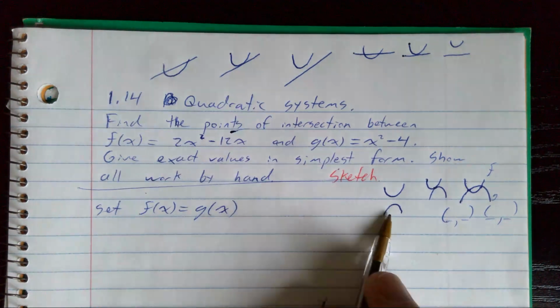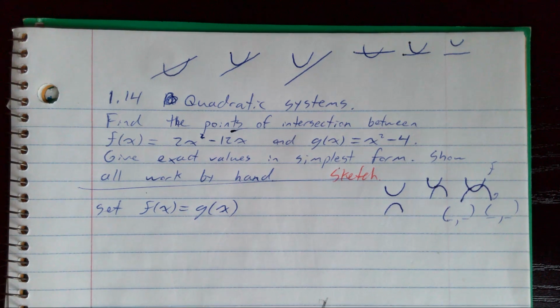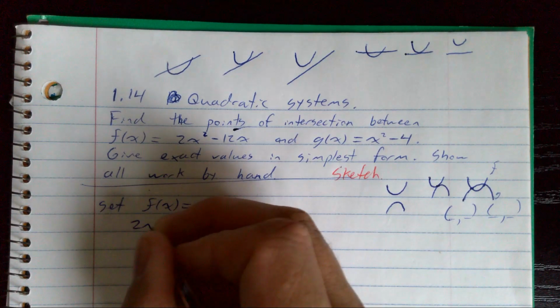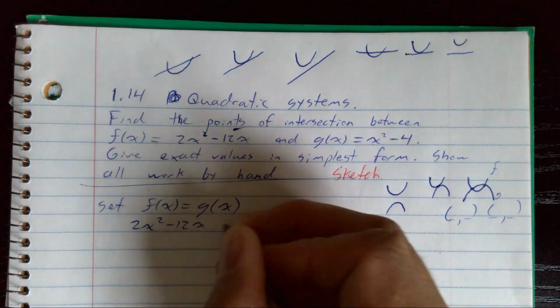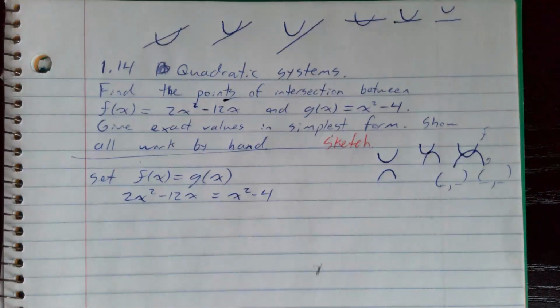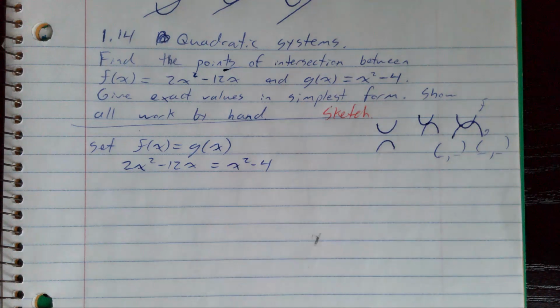It's possible that there are no points of intersection, and the purpose of this question is for me to demonstrate or to prove that. So I don't want to write down something that isn't true. I don't want to write down 2x squared minus 12x is equal to x squared minus 4 if it's never true. This is me saying right here, let's see if this could ever be true.